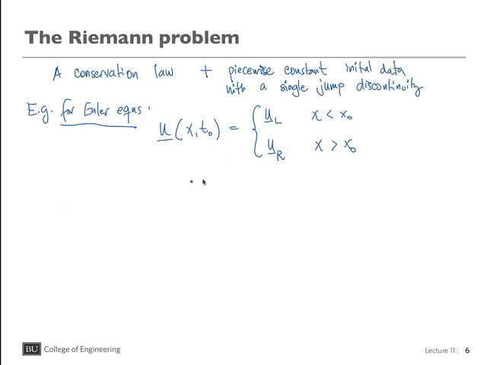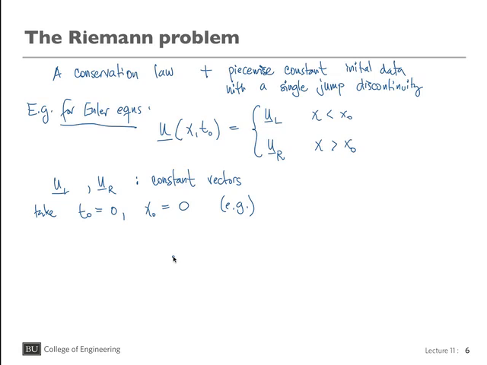So UL and UR, of course, are just constant vectors. For convenience, we can take t0 equals just 0.